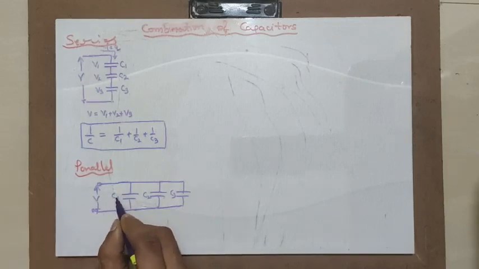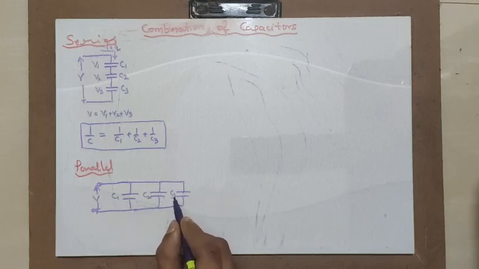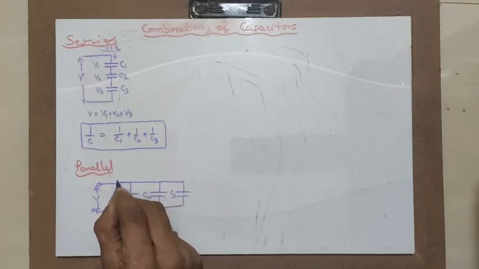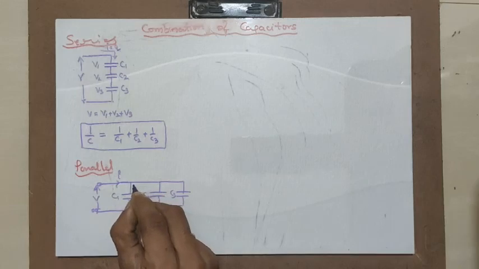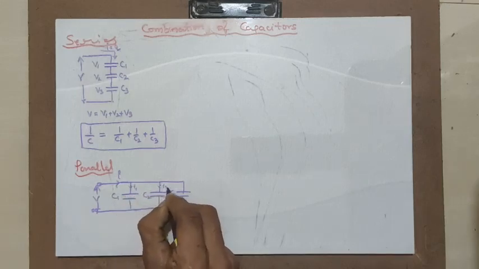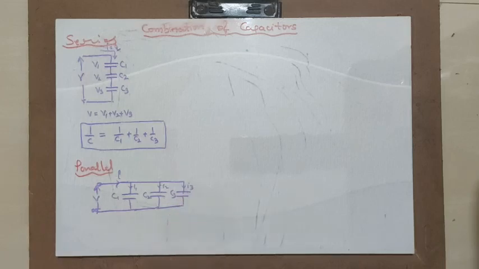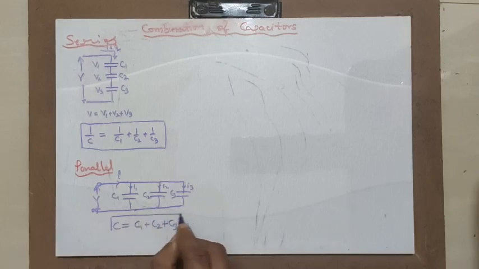The voltage across C1, C2 and C3 is the same. The current I is divided into I1, I2 and I3. Now the total capacitance of this structure, C, is given by C1 plus C2 plus C3 and so on, if many other capacitors are also connected.